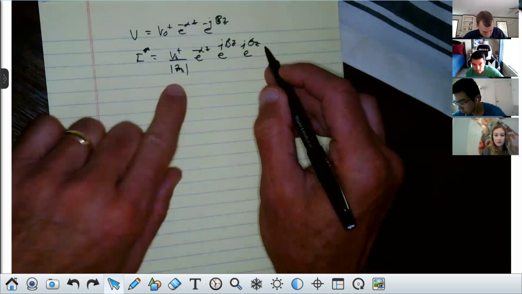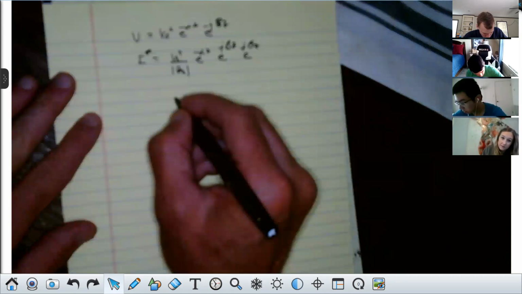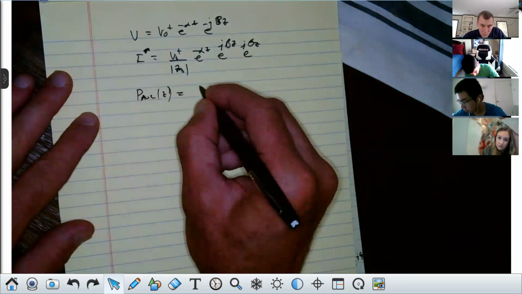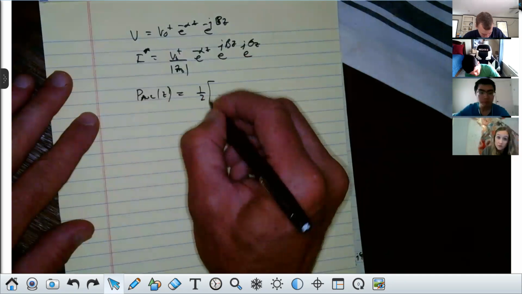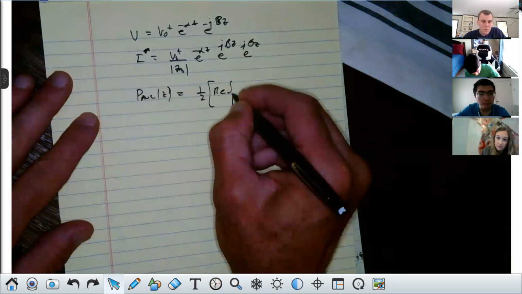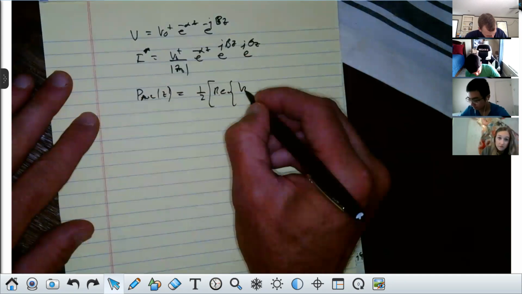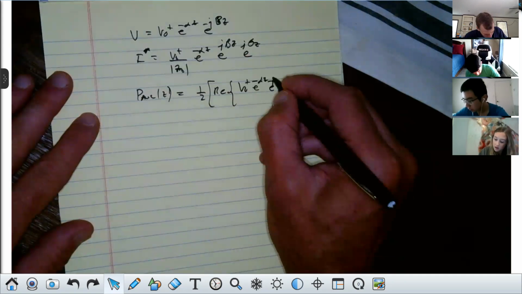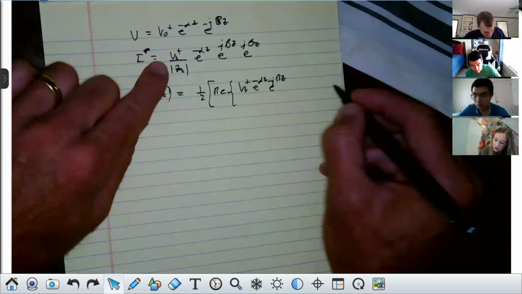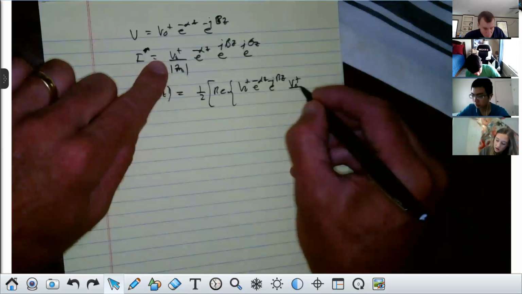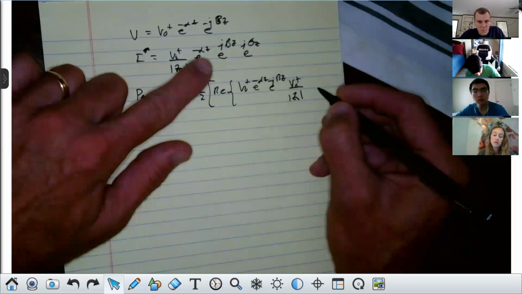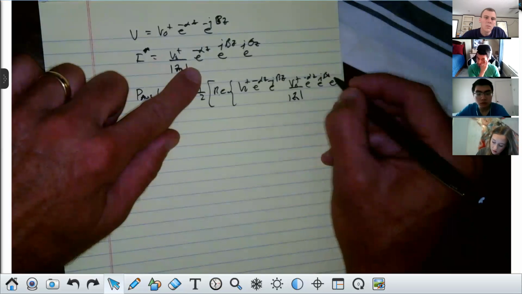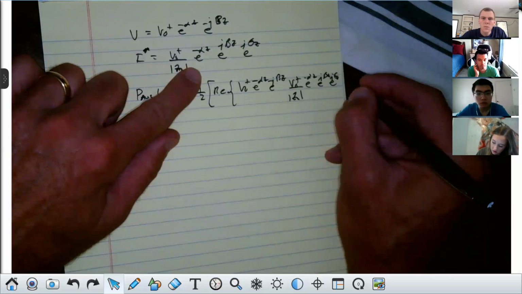And I multiply them, what do I get? I get average power at the point Z equal to 1/2 the real part of this voltage, V naught plus e to the minus alpha Z, e to the minus j beta Z, times I conjugate. So then I get V0 plus again over the magnitude of Z naught times e to the minus alpha Z, e to the j beta Z, times e to the j theta Z.